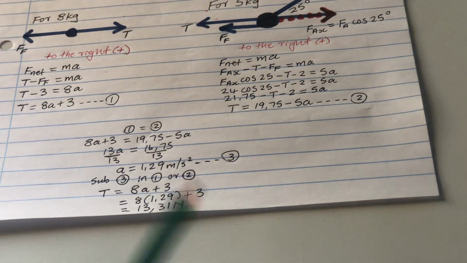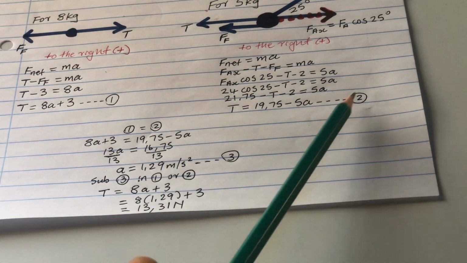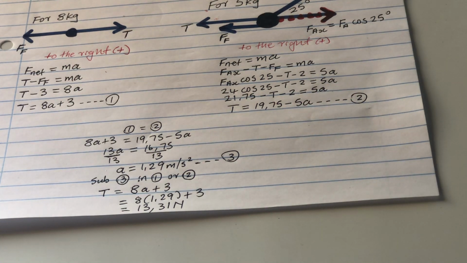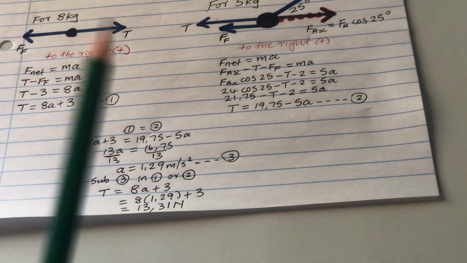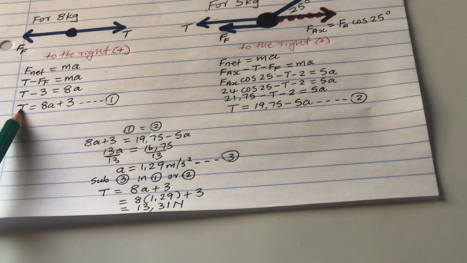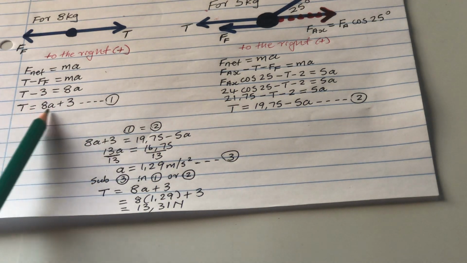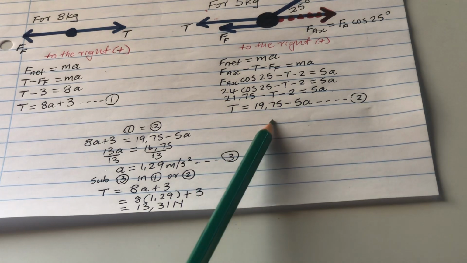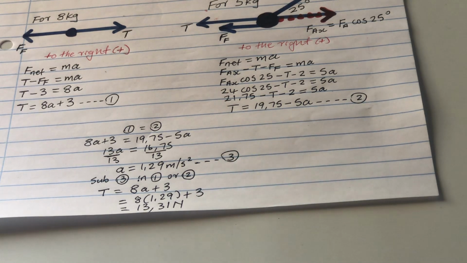See, now I have equation 1 and equation 2, and all of them are equal to T. T equals 8A plus 3, T equals 19,75 minus 5A.